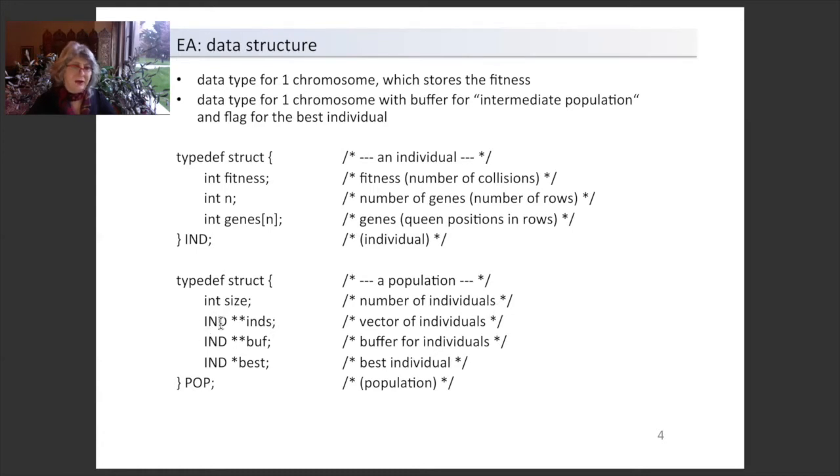And we have an array of pointers to individuals, so this is a vector of individuals. And we have a buffer for individuals that we are going to store. And we have the best individual, again a pointer. These are arrays.